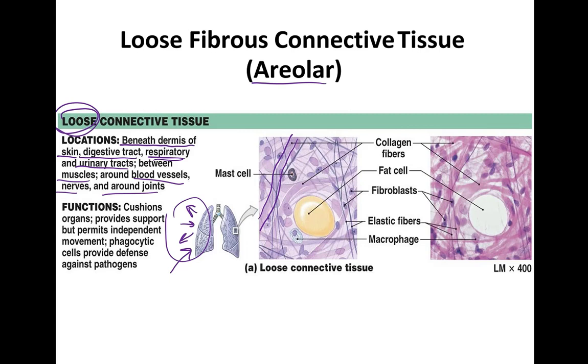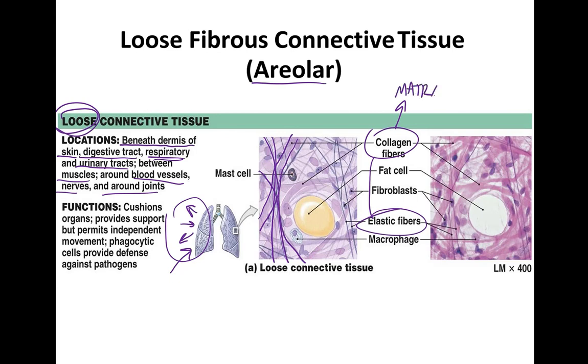But then do you see these darker lines here? These black lines running through this diagram? Those are elastic fibers. Those do have a lot of stretch, and that's what gives this tissue its ability to expand and contract as the structures that are connected to it have to expand and contract. Now, the collagen fibers and the elastic fibers make up the matrix.